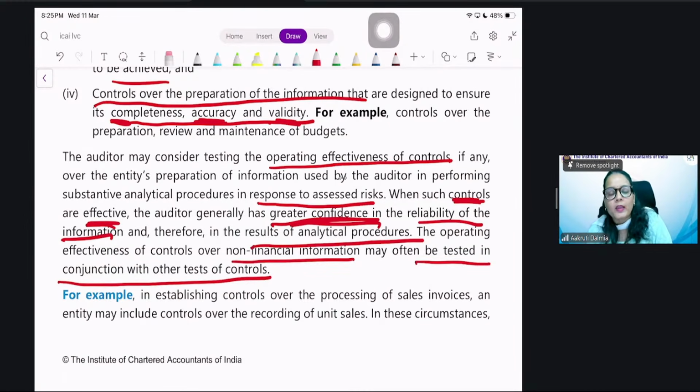What does it mean? It means that as an auditor, if you are checking something, suppose you are checking production registers or cost data sheets. So if the cost data sheet of production of paint or baskets is reliable, it means you can use it for substantive analytical procedure and your analysis will be reliable.